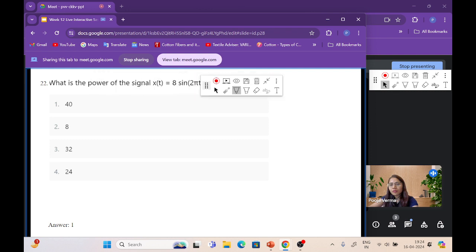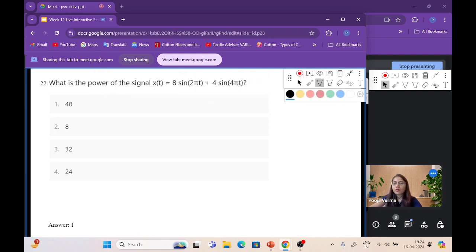So the next question is, what is the power of the signal x(t), where x(t) is equal to 8 sine 2 pi t plus 4 sine 4 pi t. So what will be the power of the signal? As we know, the power of the sinusoidal signal is determined by P is equal to Ac square by 2, right?